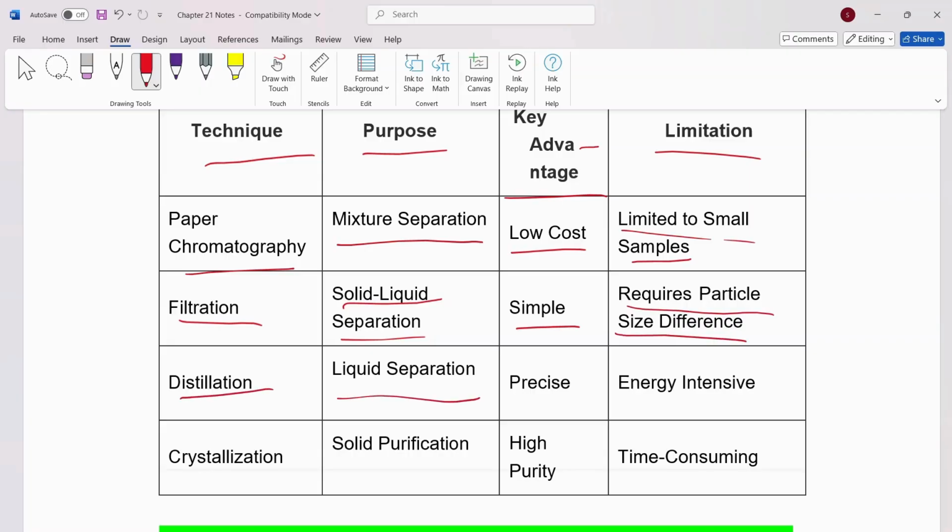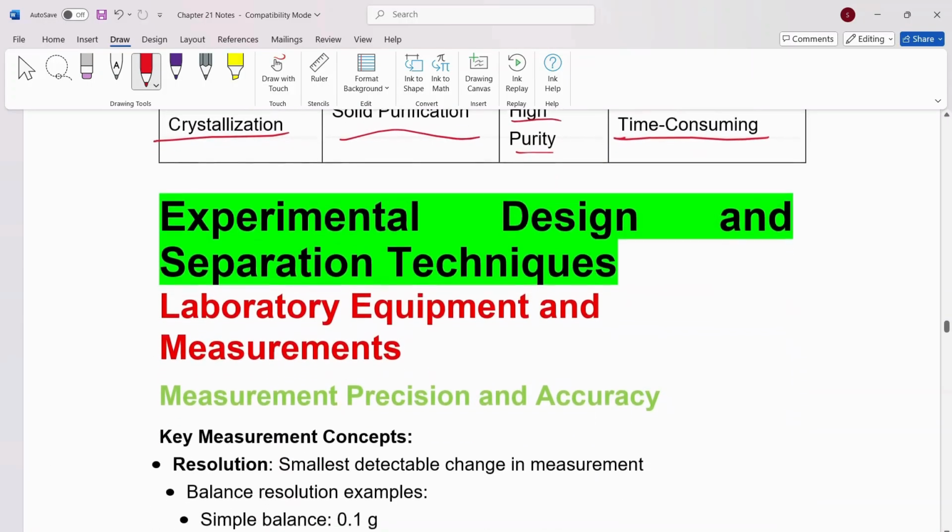Distillation is used in liquid separation. Advantage is preciseness. Limitation is that it is energy intensive. Then crystallization. Purpose is solid purification. Key advantage is high purity, and the limitation is that it is time consuming.